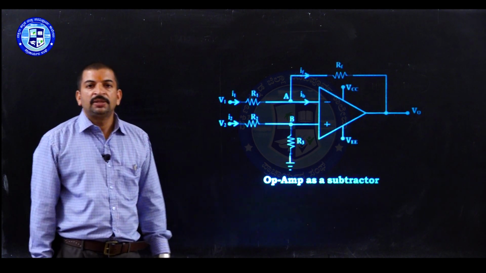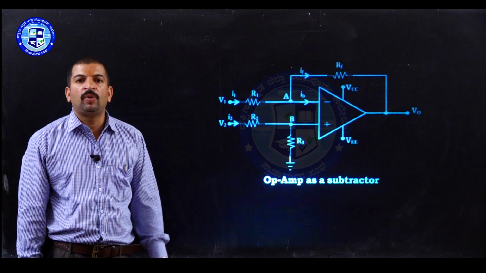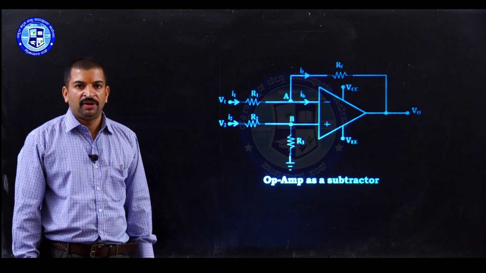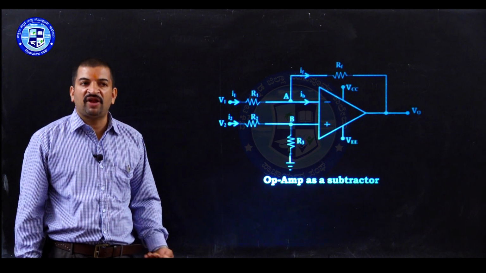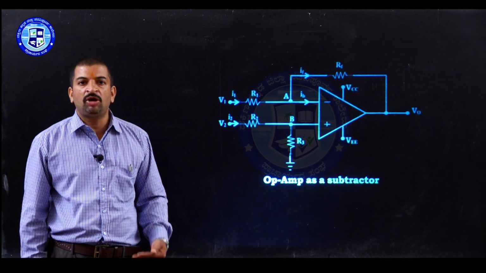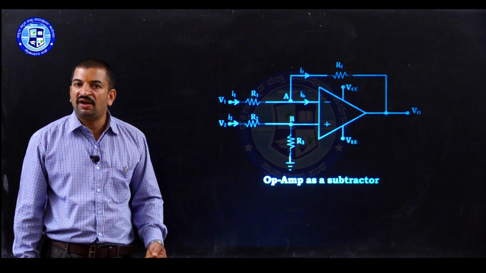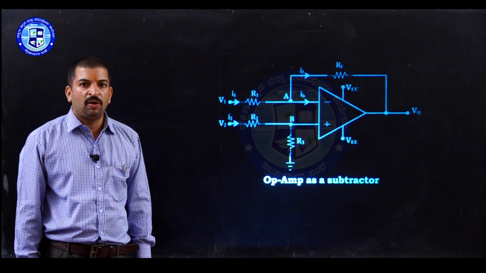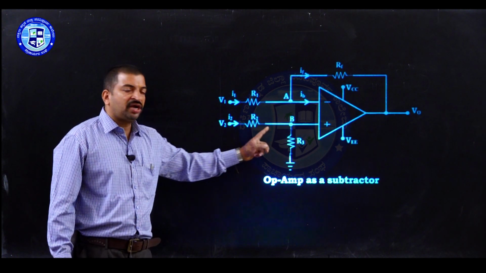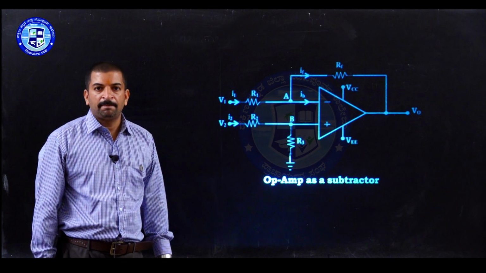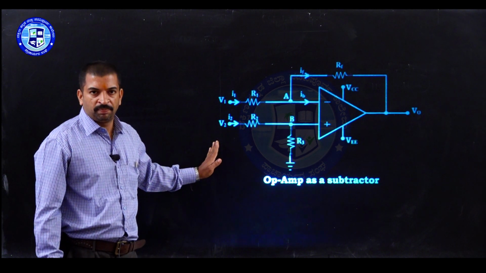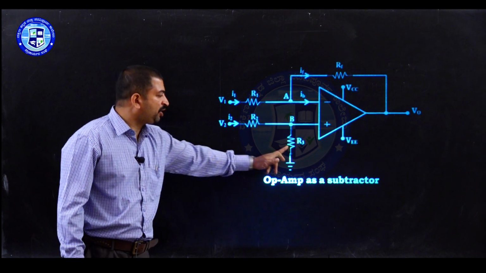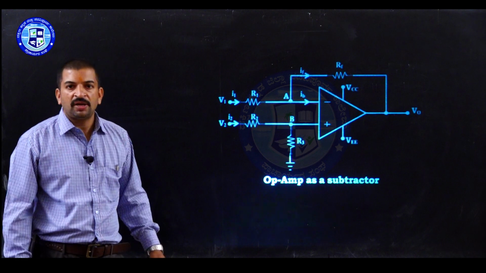Now the circuit works as a non-inverting amplifier. You know the expression for the voltage gain of a non-inverting amplifier, it is given by the formula 1 plus RF by RI. Now the voltage at the non-inverting input terminal can be determined using the voltage divider rule. It is given by the formula V2 into R3 divided by R2 plus R3.